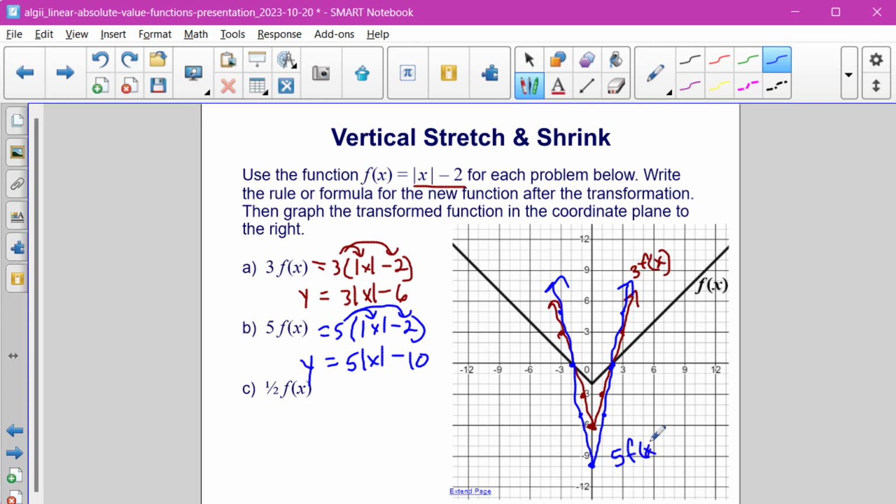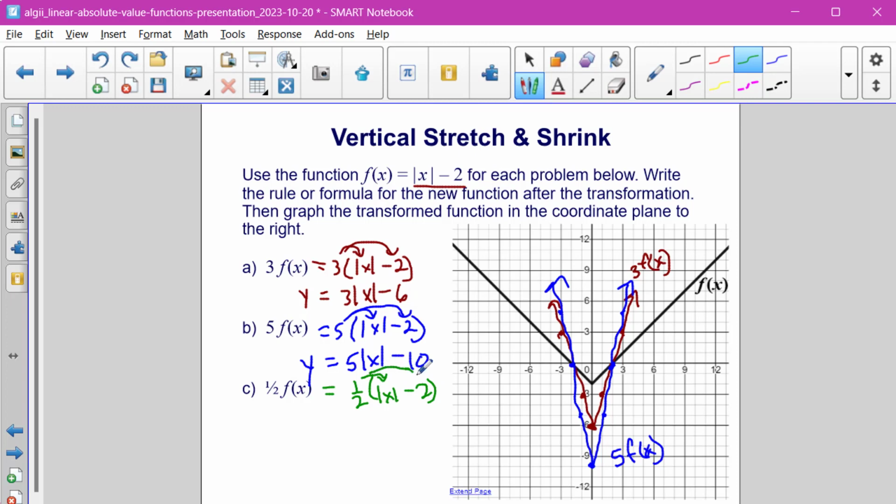Now let's look at the last problem that we have, which is 1/2 times f of x. So that's going to equal 1/2 times the entire f of x function, which is the absolute value of x minus 2. And remember, we have to distribute the 1/2 through to both terms.